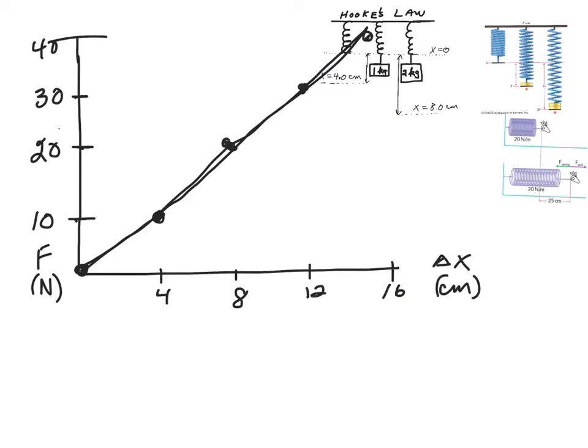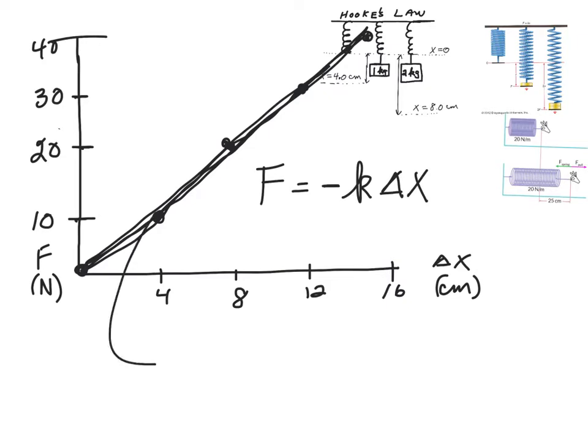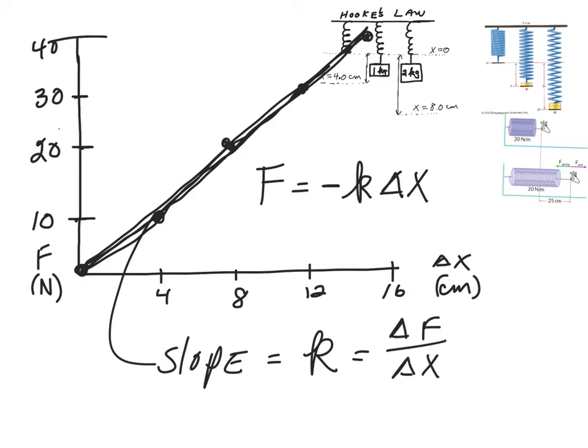And so the amount that it stretches for force is a constant. The slope of this line is a constant, and so the equation for this is Hooke's law. The force equals, there's a negative sign there that I'll explain in a minute, the constant times the stretching distance. So the slope of this line, right, is the k. It's the change in force over the change in length, or the force we applied over the amount it stretched.